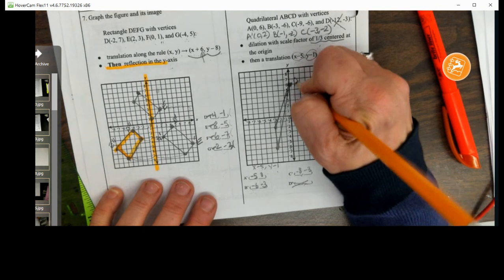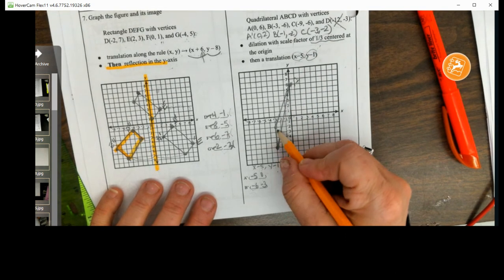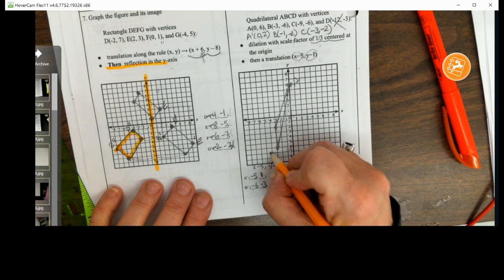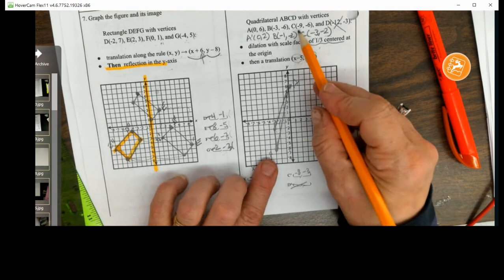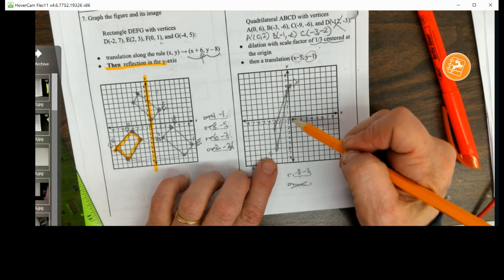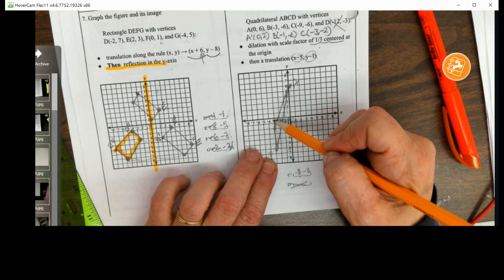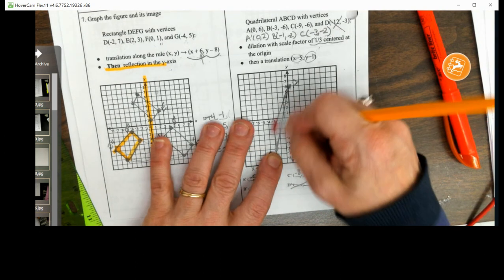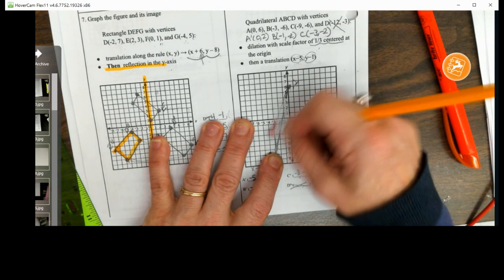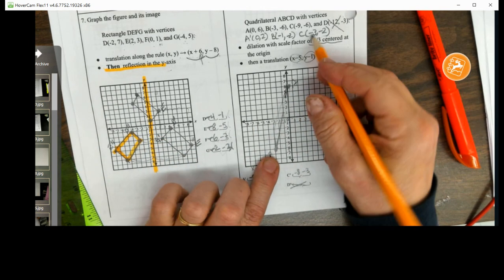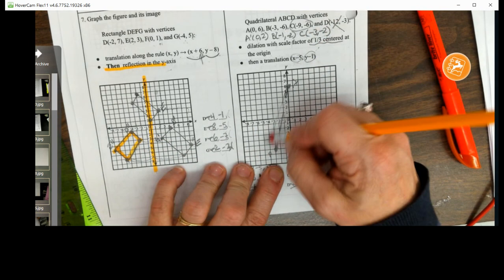So this is my original A. This is negative 2, negative 6 is B. Oh no, B is negative 3, negative 3, negative 6, that's B. And C is negative 9, negative 6.